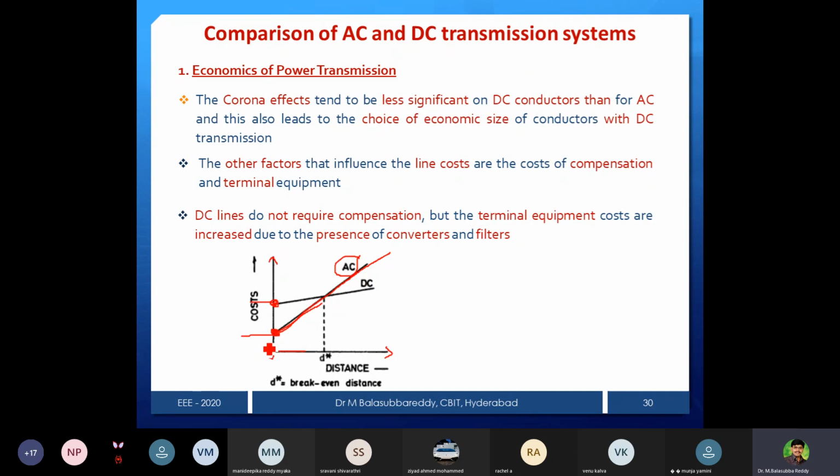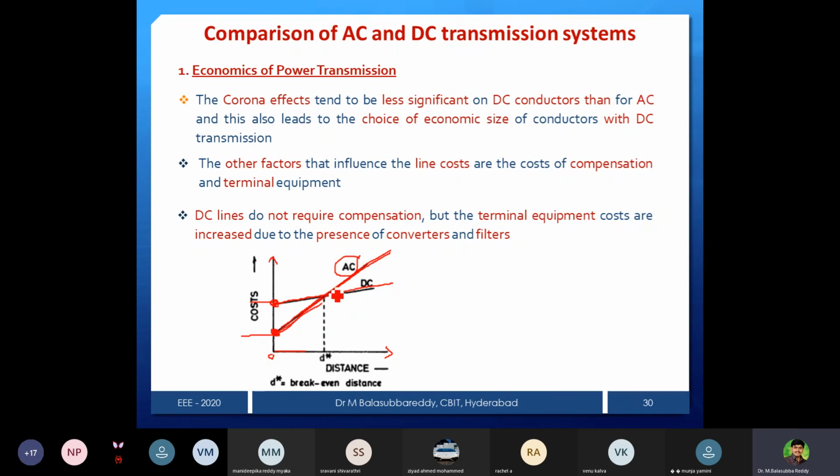You can see that it is gradually varying, nowhere decreasing or stable. After the installation cost, it is continuously varying. Whereas on the DC side, if you increase the distance, it varies slightly and then it will vary further.